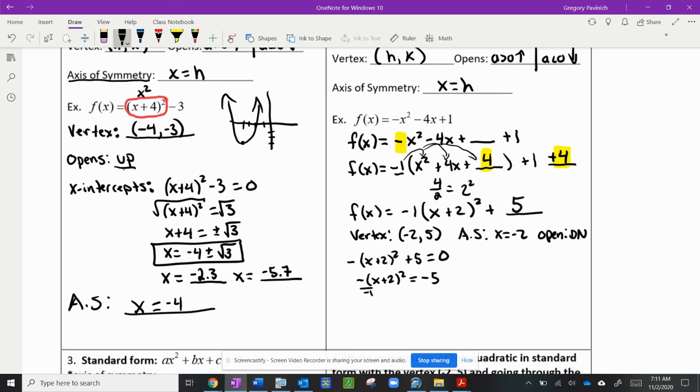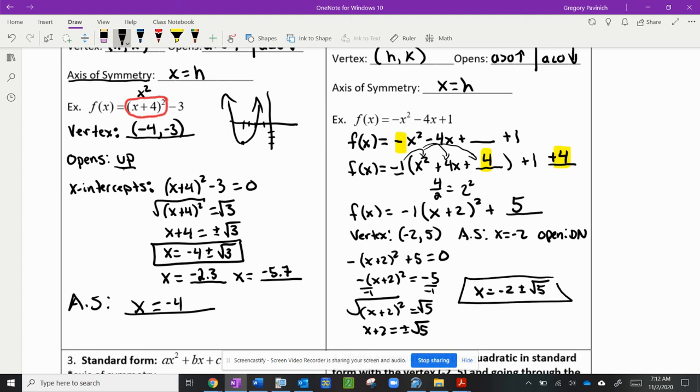I'm going to divide by -1, and then I'm going to square root, and I get x plus 2 is equal to plus or minus the square root of 5, and I'm going to finish that off with x is equal to -2 plus or minus the square root of 5. And now I need to go to my calculator and get approximations.